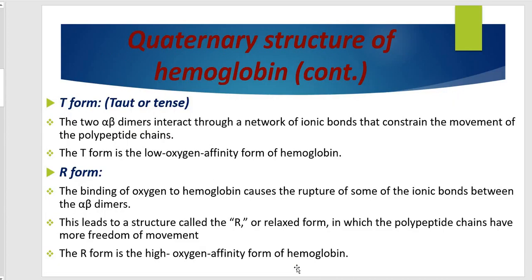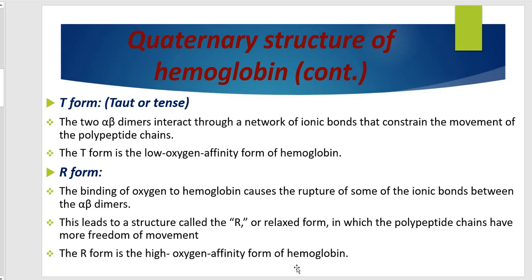So there are two forms of hemoglobin. T form, taut or tense, in which the two alpha beta dimers interact with a network of ionic and hydrogen bonds that constrains or limits the movement of the polypeptide chains. This form has low oxygen affinity. It's deoxyhemoglobin.